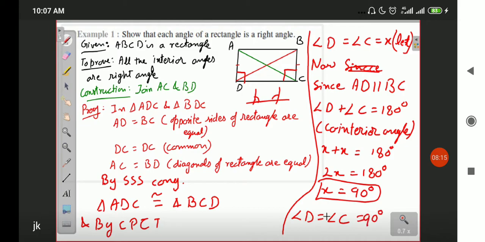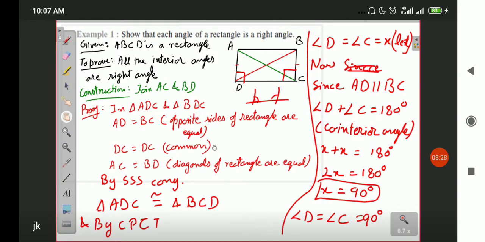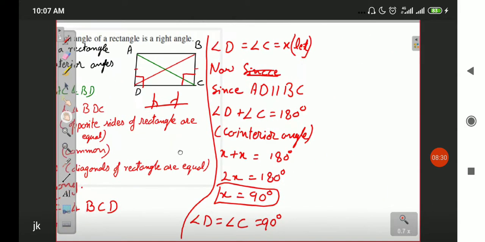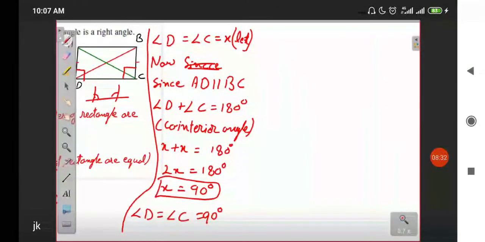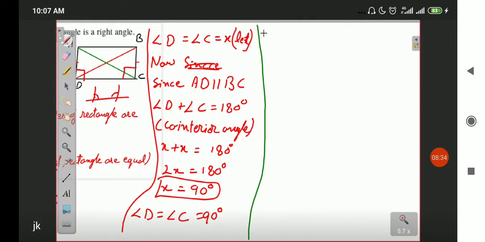And we know opposite angles of a parallelogram are equal. That means angle C and angle A are equal, angle D and angle B are equal. That means all the interior angles of the rectangle are 90 degrees. So we'll write it as, also, opposite angles of a parallelogram are equal.